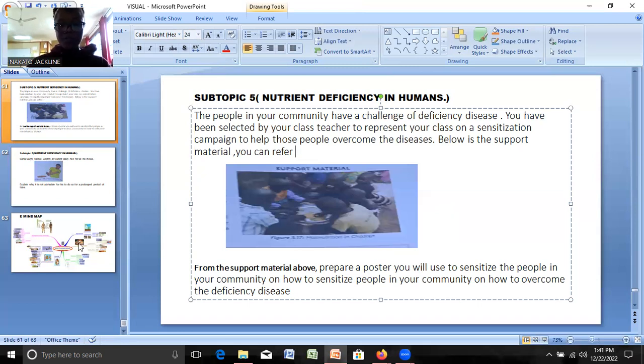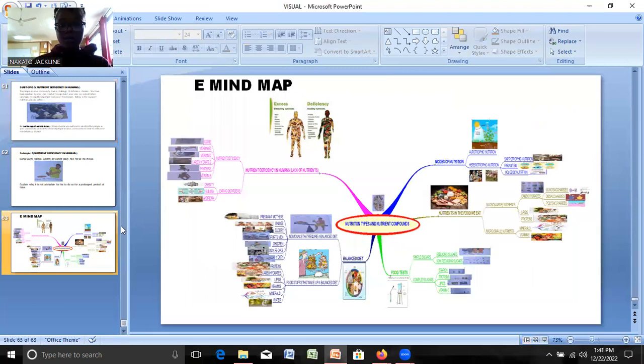And lastly, we have the mind map conclusion of the whole topic. We have 5 subtopics, and the first one is the modes of nutrition and the meaning of nutrition, what we say when we talk about the nutrition types and the nutrient compounds.